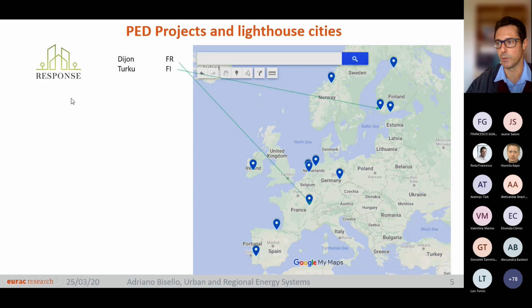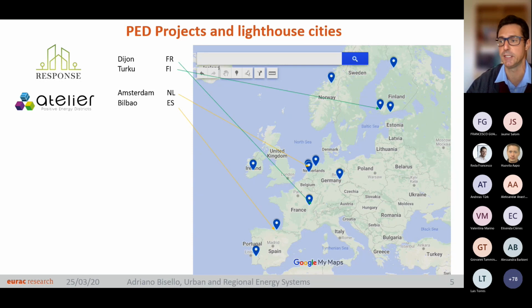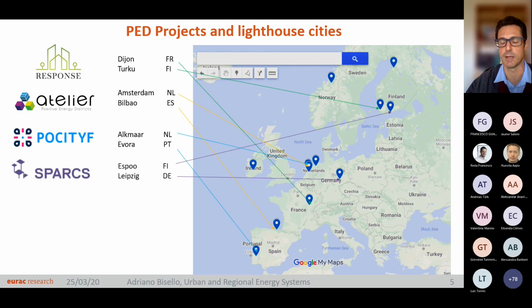Where are they located? We have 12 lighthouse cities around Europe. Each project has 2 lighthouse cities where real interventions are going to take place, with interventions on buildings and on energy infrastructures.